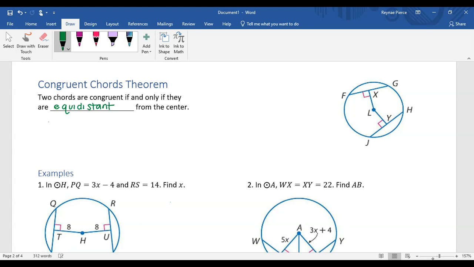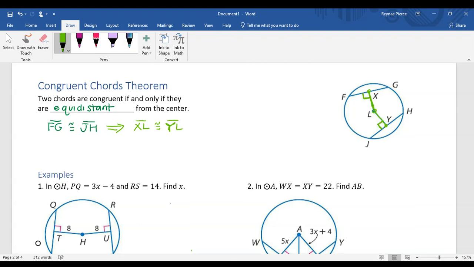So if we know that chord FG is congruent to JH, then the distance from the chord to the center, symbolized by that right angle symbol, XL, the distance from FG to the center, is going to be the same as YL, that distance from JH to the center.